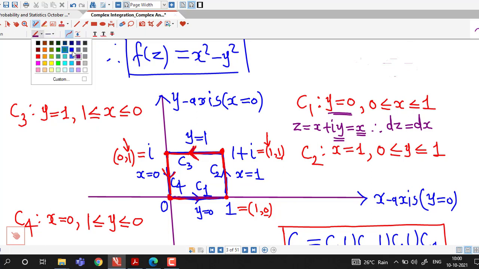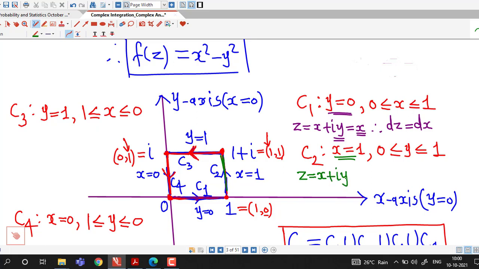Similarly, we have to decide all these things along different contours. Now along C2 x is 1. So if we take any point z along C2, then we have x equal to 1. So we have z equal to x plus iy. We put x equal to 1 and z becomes a function of y, 1 plus iy.